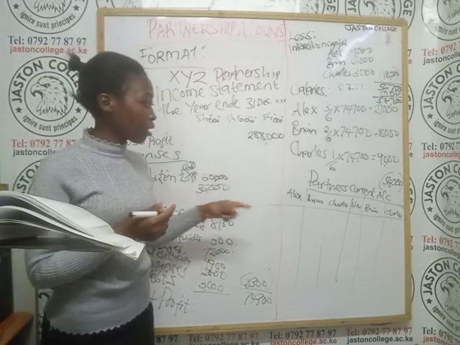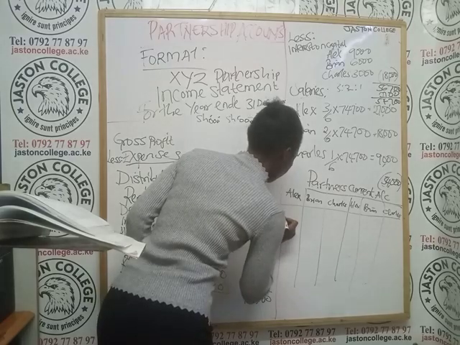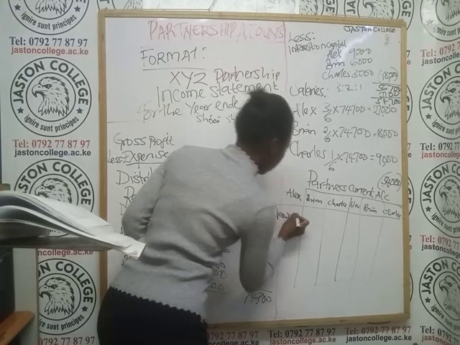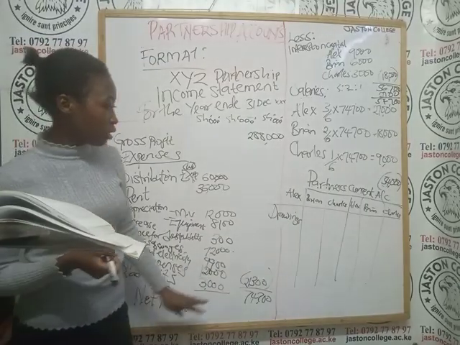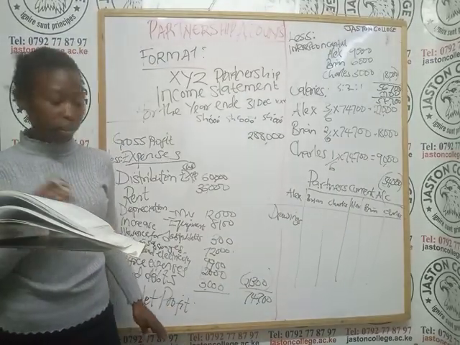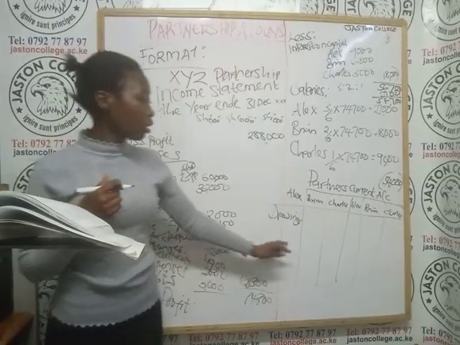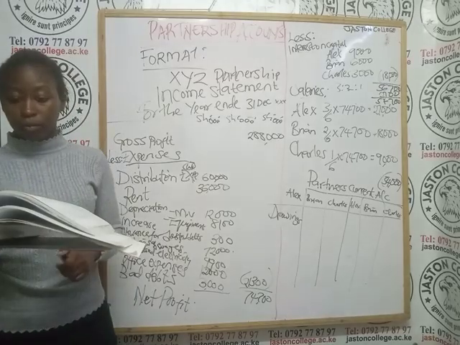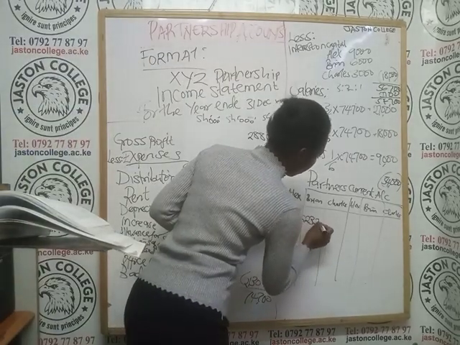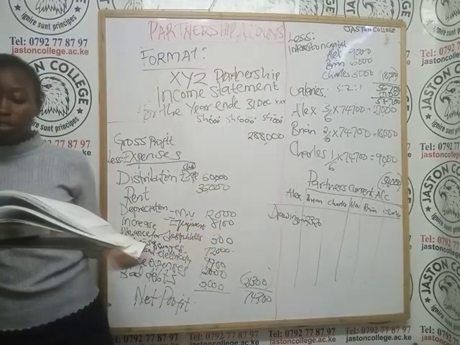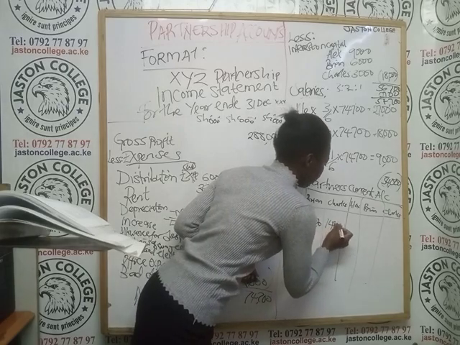Then we will start with the drawings. Drawings on this side. The drawings which Alex took from the business is 22,320. And the drawings for Brian is 14,880.